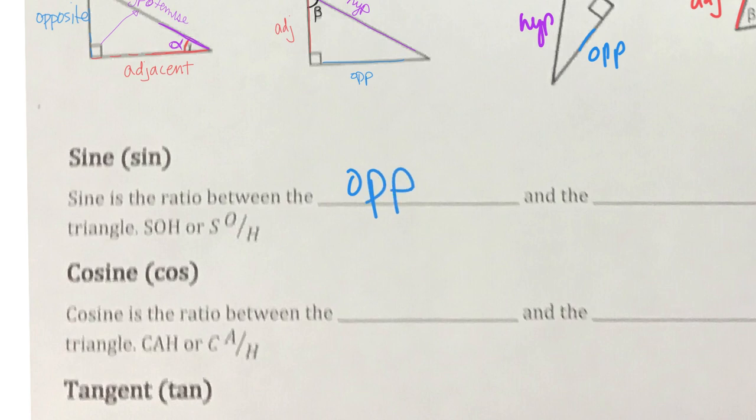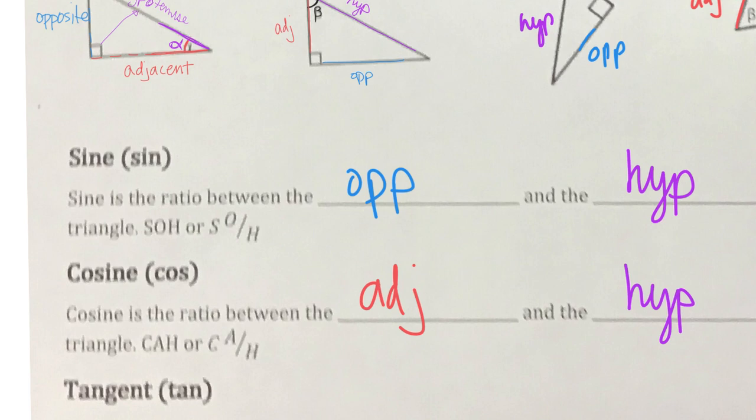Okay, the sine compares the opposite side and the hypotenuse. Opposite and hypotenuse. Okay, the cosine compares the adjacent side and the hypotenuse. And the tangent compares the opposite side and the adjacent side.